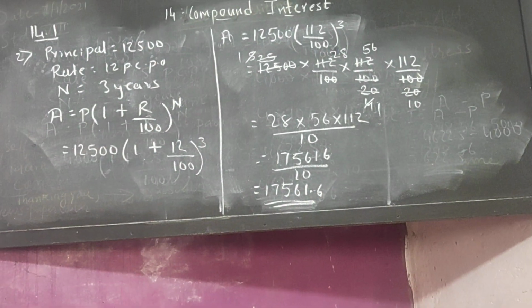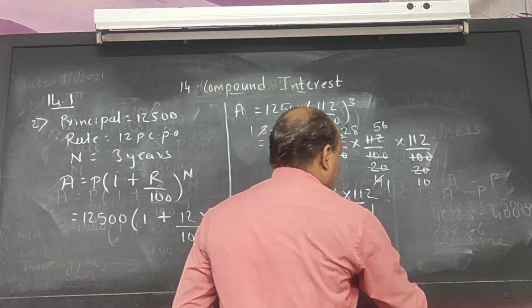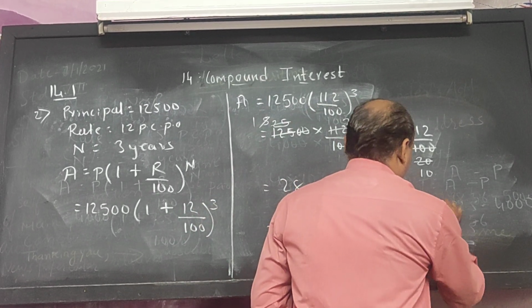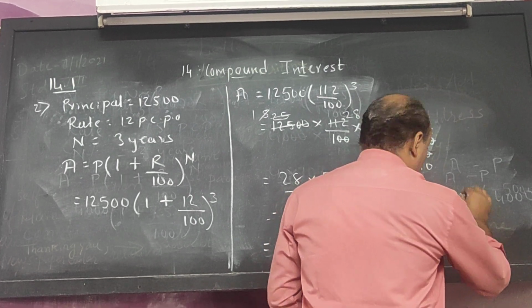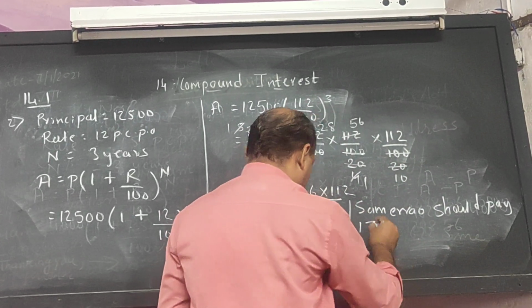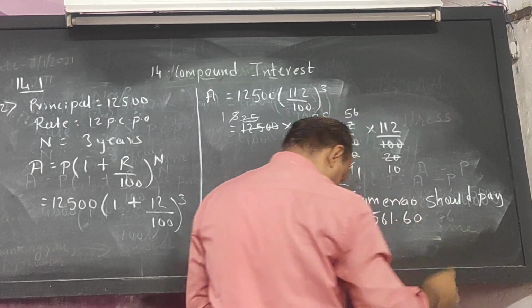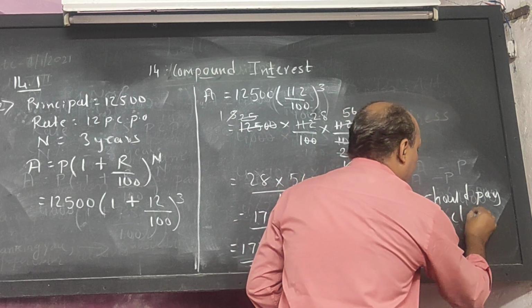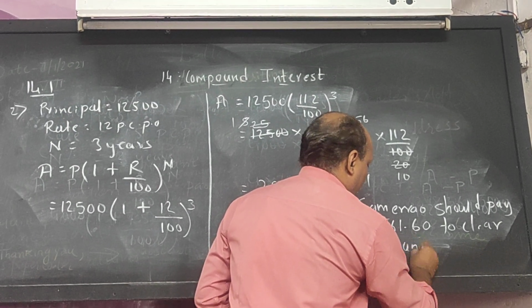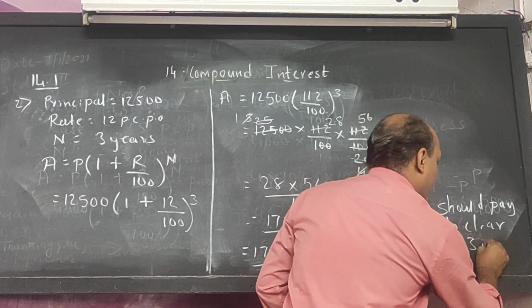So the final statement you have to write. What do you write in the final statement? Samir should pay 17561.60 to clear his loan after 3 years.